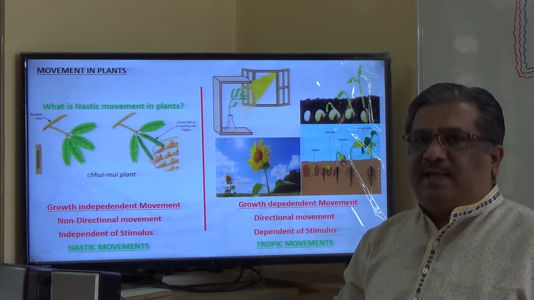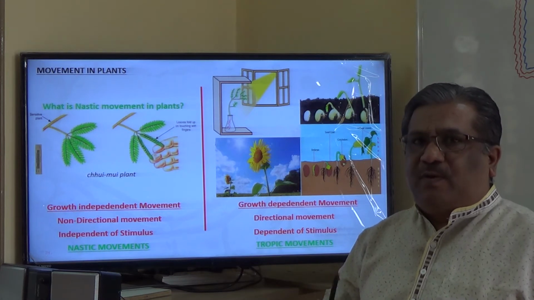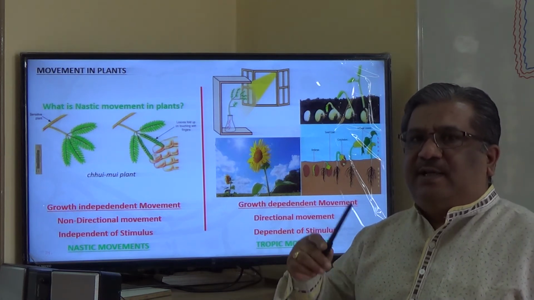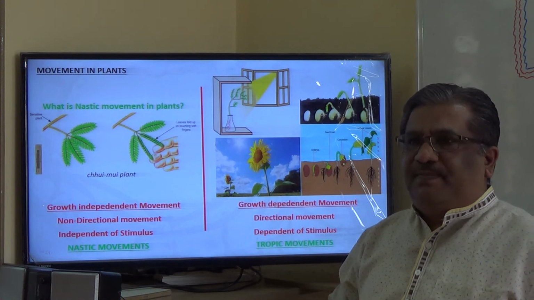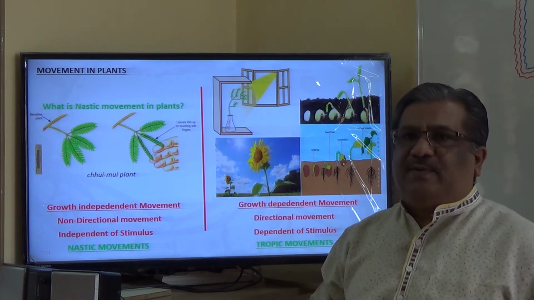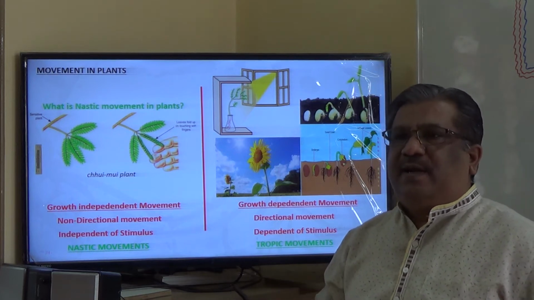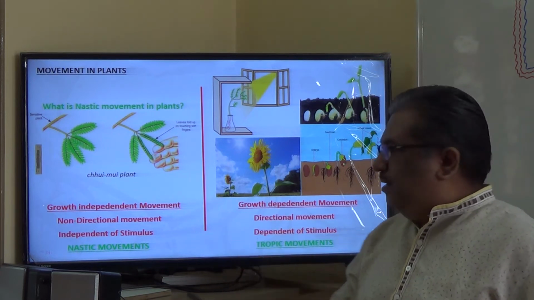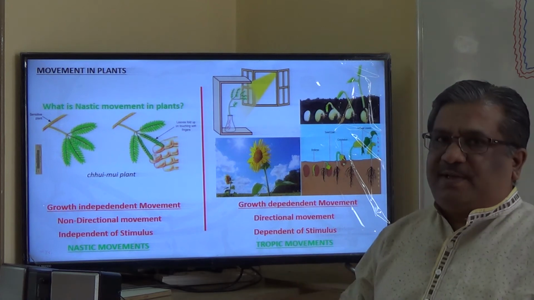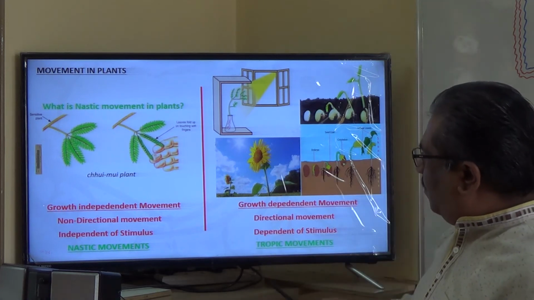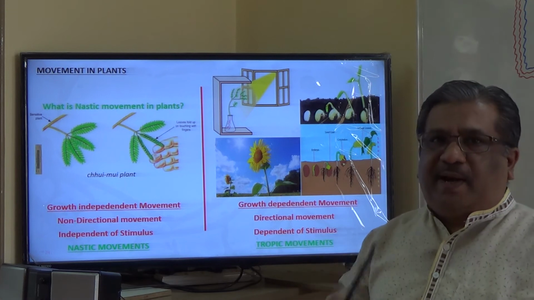Tropic movements are exhibited due to growth of the plant either towards the direction of the stimulus or away from the direction of the stimulus, and therefore we say those are growth dependent, directional, and dependent on stimulus. Now this part you have understood, tropic movements, keep it in mind.